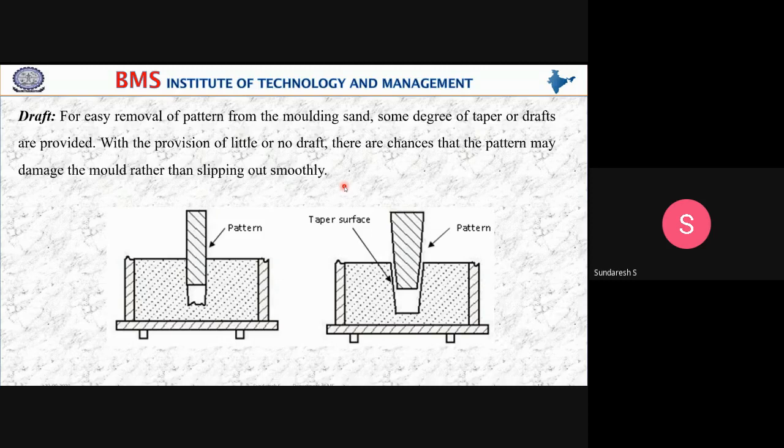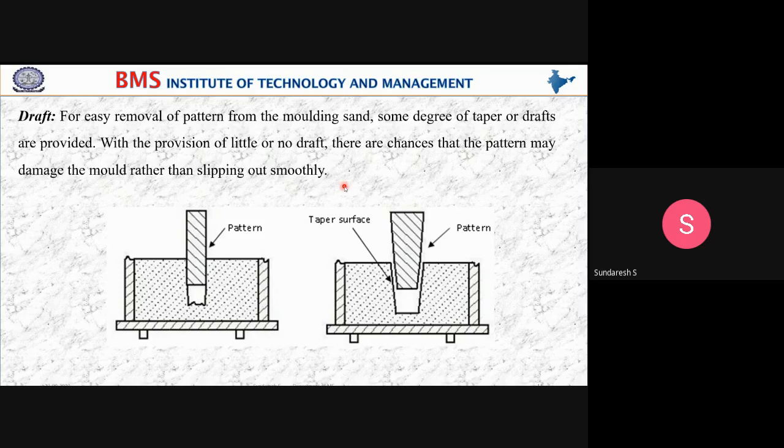When you take the pattern out of the mold cavity, you have to retrieve it in such a way that it does not disturb the mold cavity walls. You have to take it out very carefully so that it does not disturb the mold surfaces.